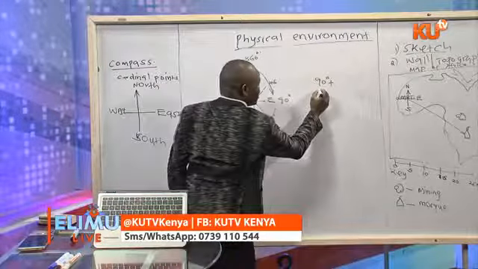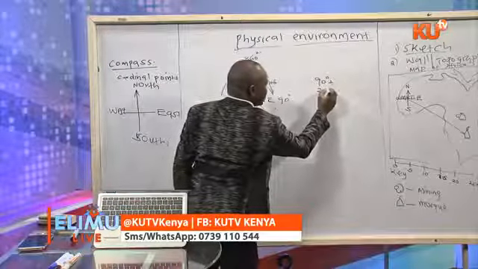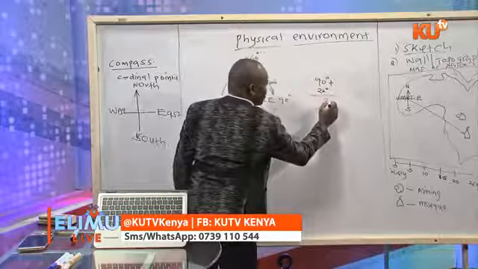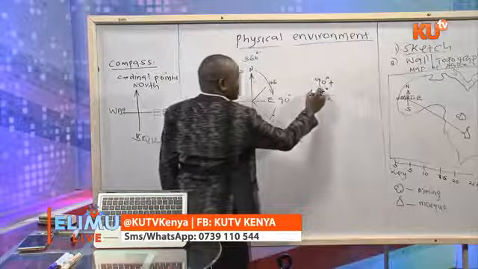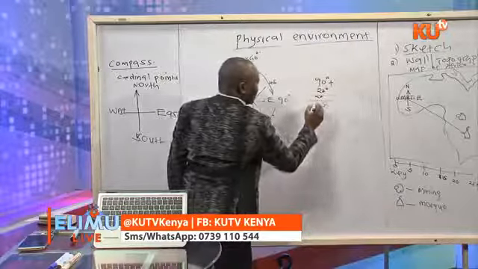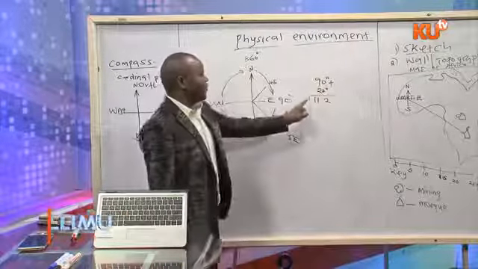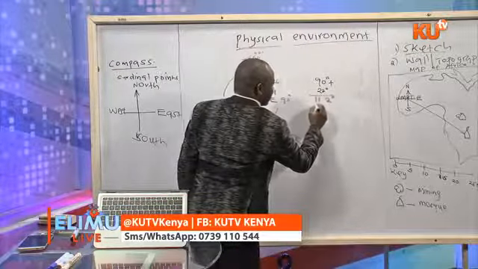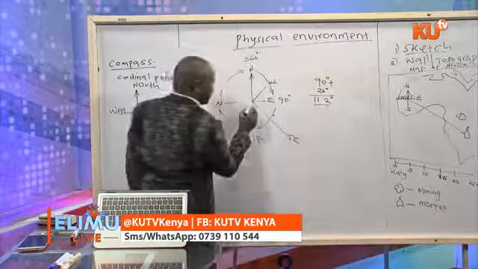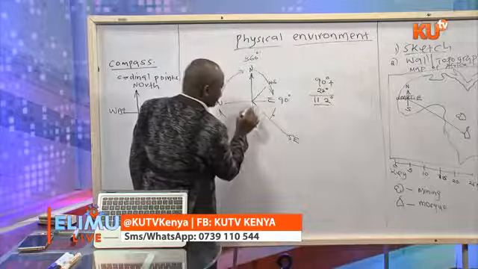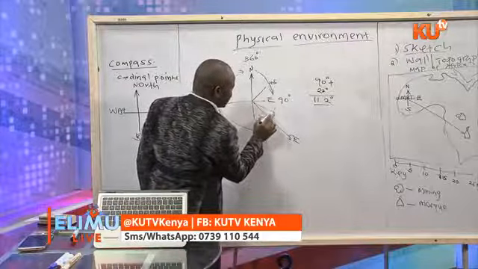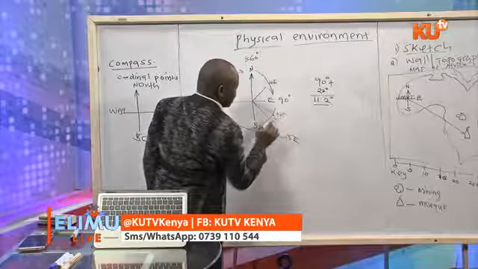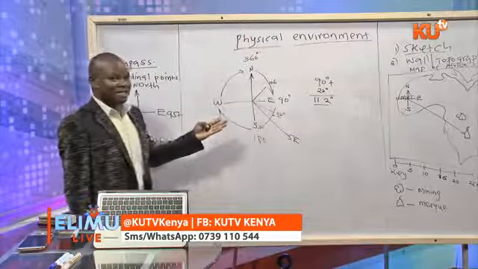You add them. So this one is going to be 2, then this one is going to give you 11. So that is a total of 112 degrees, remember. So that person is going to rest somewhere at this point, that is 112 degrees.